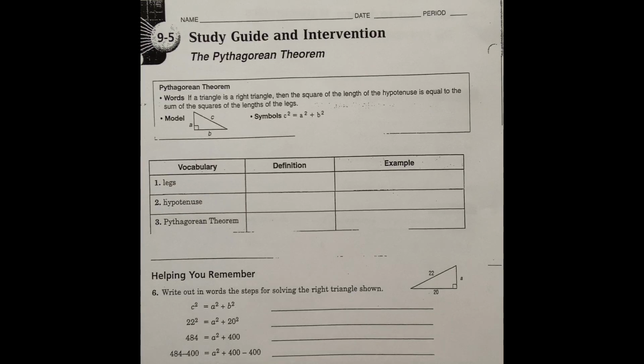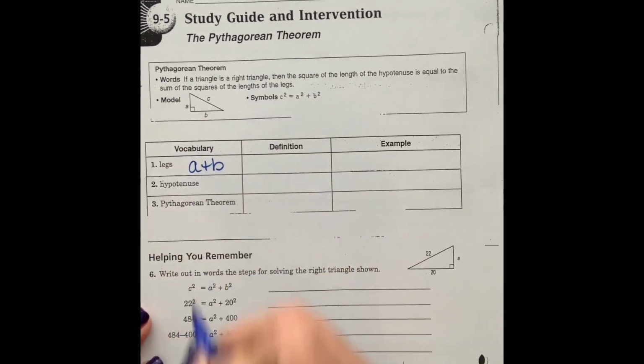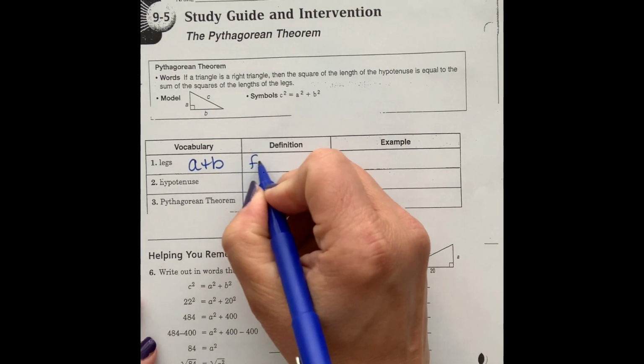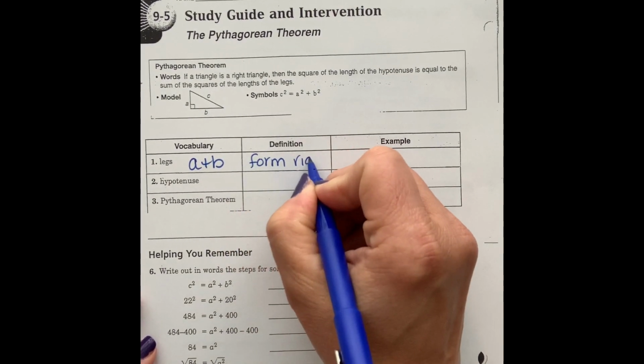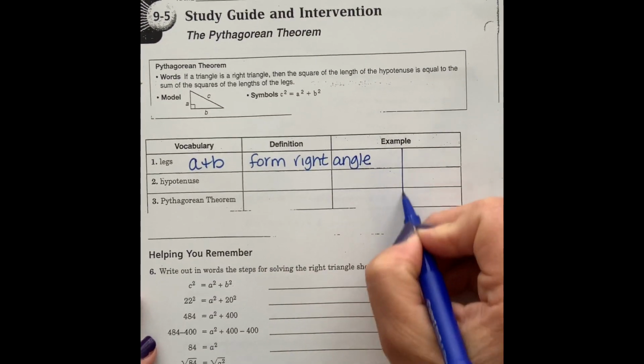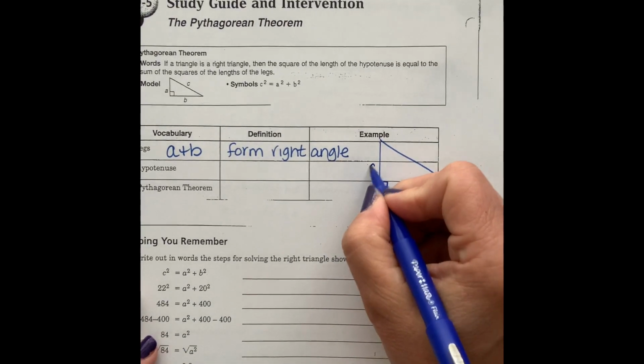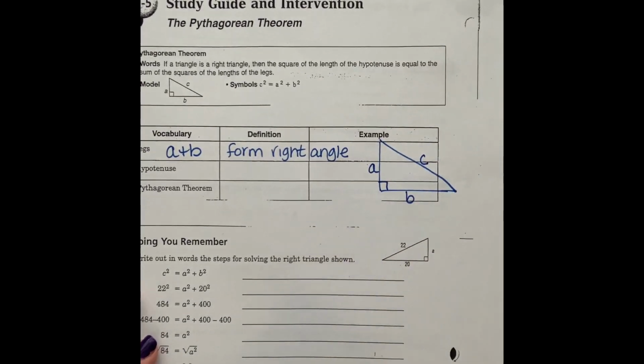All right, so on here, we're going to talk about legs again. Legs are side A and B, and they form a right angle. So if I make a big triangle here, we don't have to keep drawing pictures for each one.